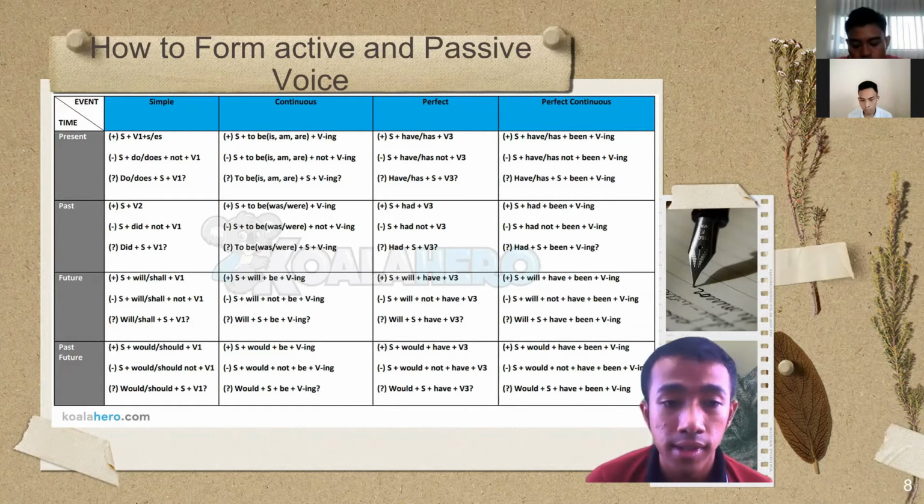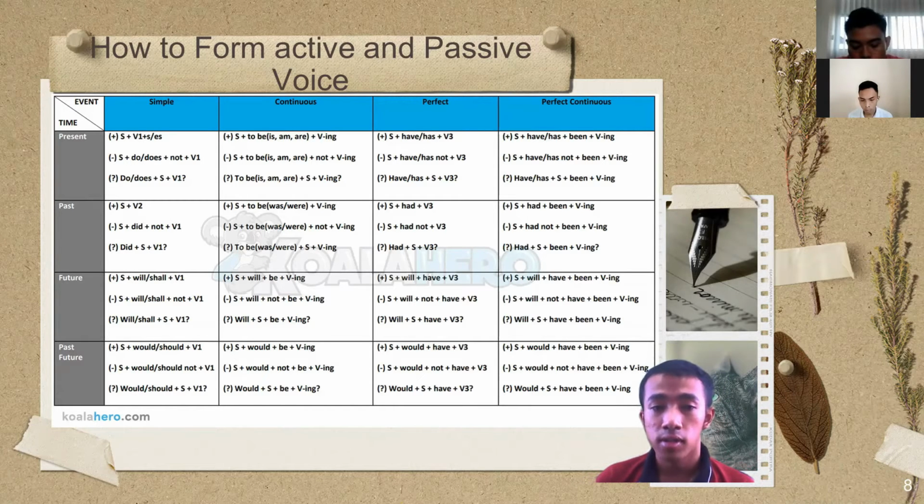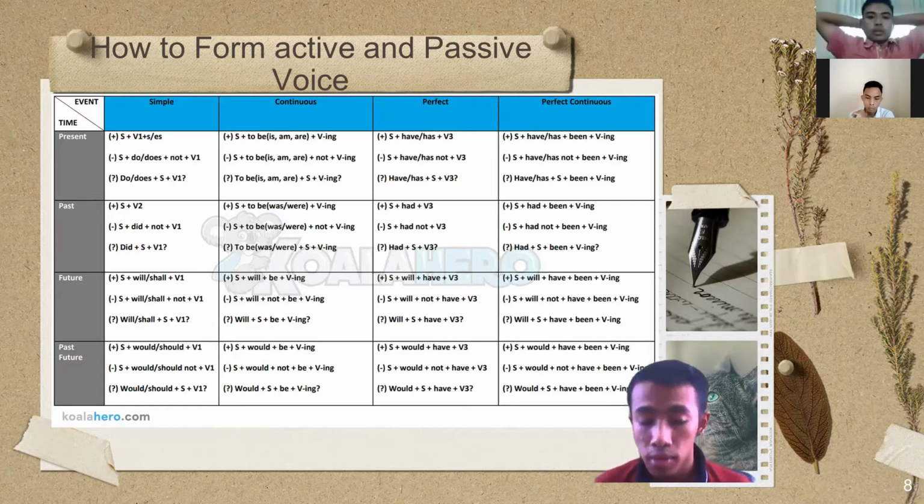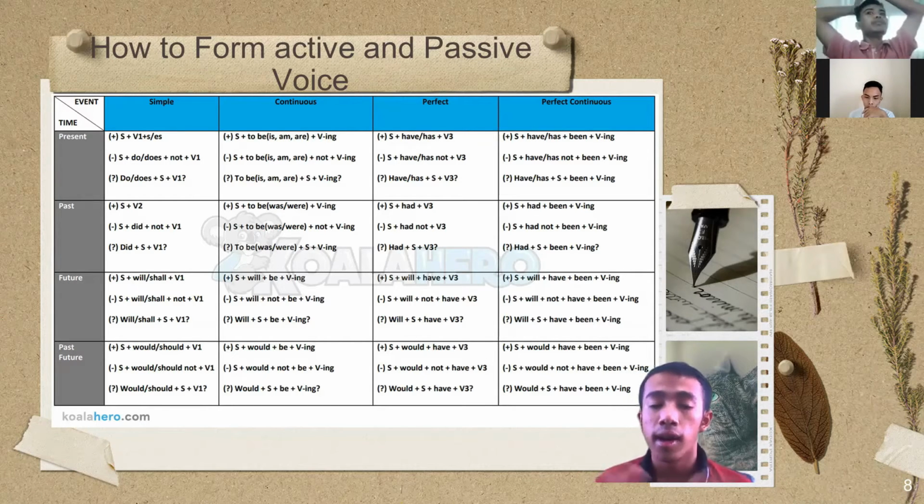The simple present is subject plus verb one plus s or es. The present continuous is subject plus to be, which is is, am, are, plus verb-ing. The other types of sentences you can see on the slide. I think you already know.